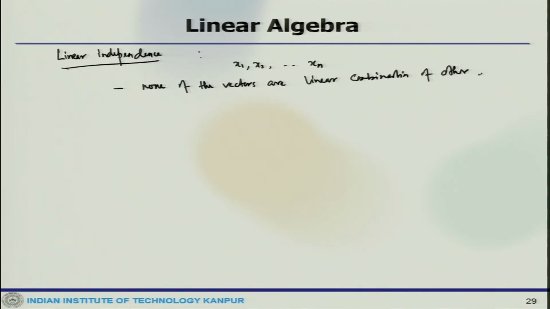Then the vectors are linearly independent.